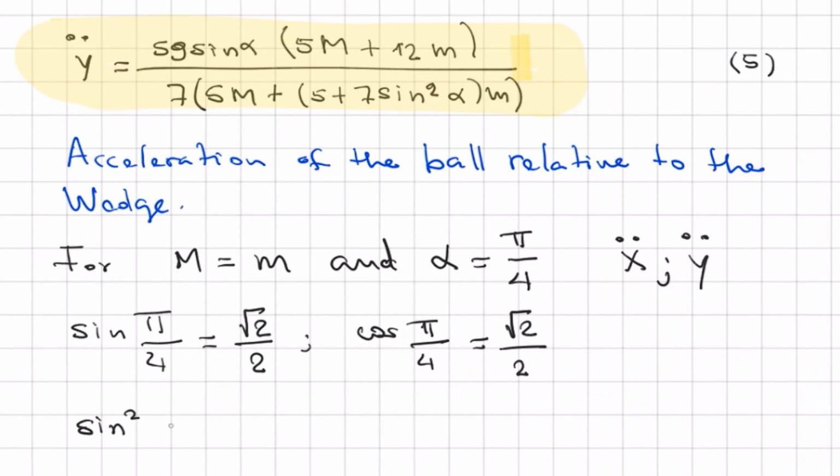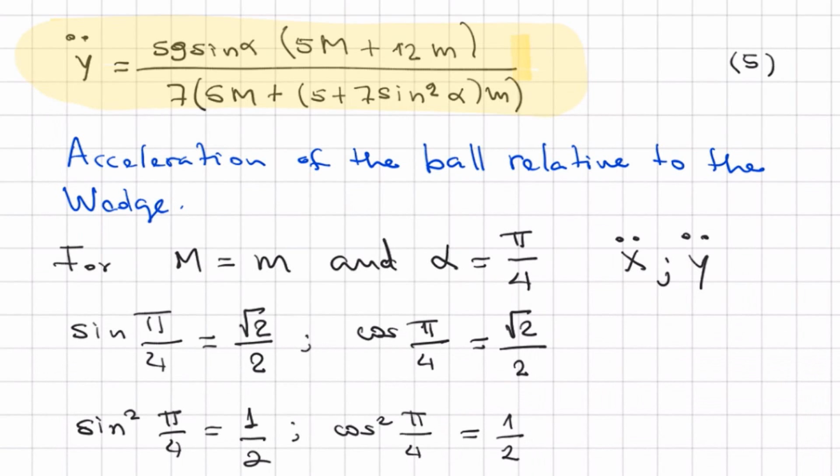Sine square of pi quarters is equal to 1/2. The same for the cosine square of pi quarters, it is equal to 1/2. So we need those expressions that we already know to use them when we want to find the acceleration for the ball and the wedge under those conditions.